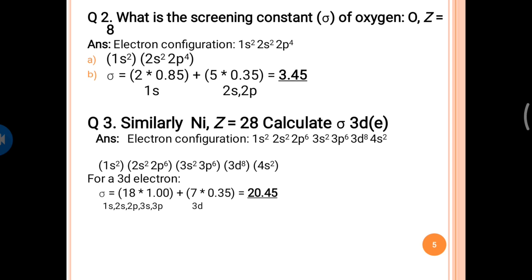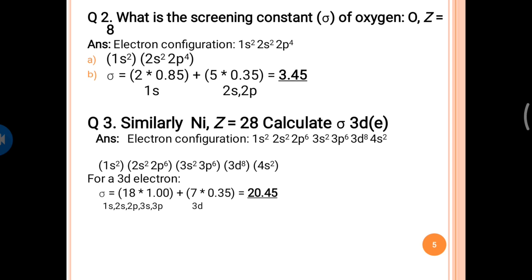Then distribute this electronic configuration into groups of orbitals. Okay, 1s2 first group, second 2s2 2p6, then 3s 3p6, then 3d and then 4s2. What is the problem?